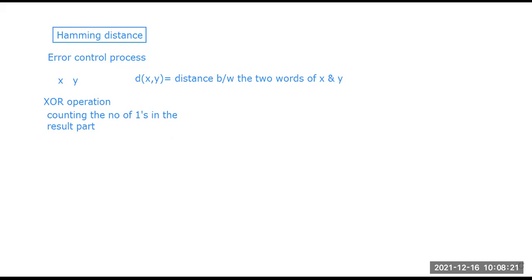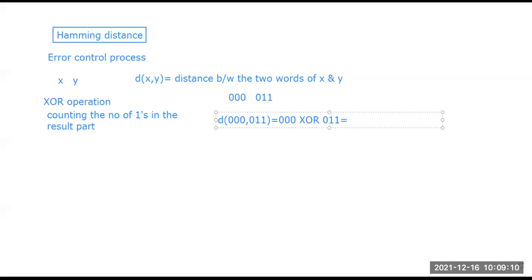As an example, suppose we are trying to send two messages, the first as 000 and the second as 011. How can we calculate the Hamming distance D of 000 and 011? We apply the XOR operation here: 000 XOR 011.